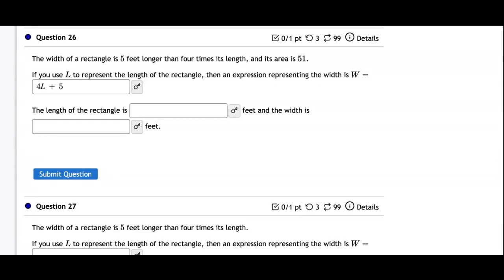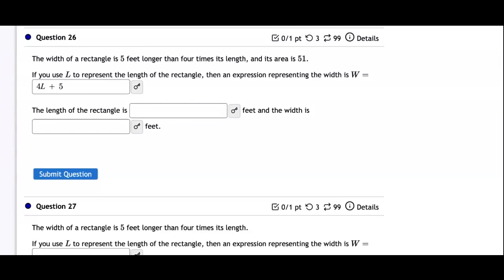Now we try to factor this. Can we factor this? So 51 divided by 3 is 17, right? That's 3 times 17. Then we have 4L plus 17 and L minus 3, that works.